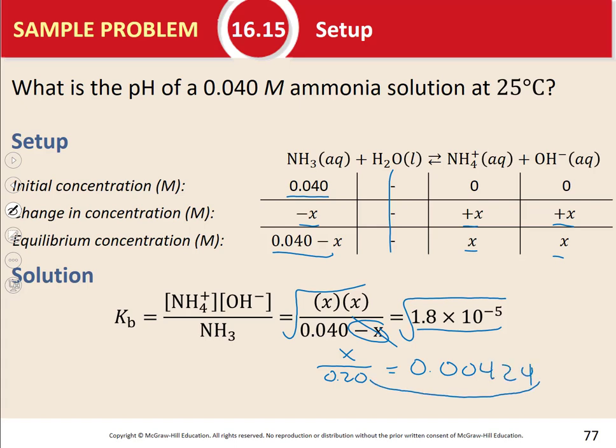Bring the 0.2 out. And we end up with 8.49 times 10 to the negative fourth for our X.